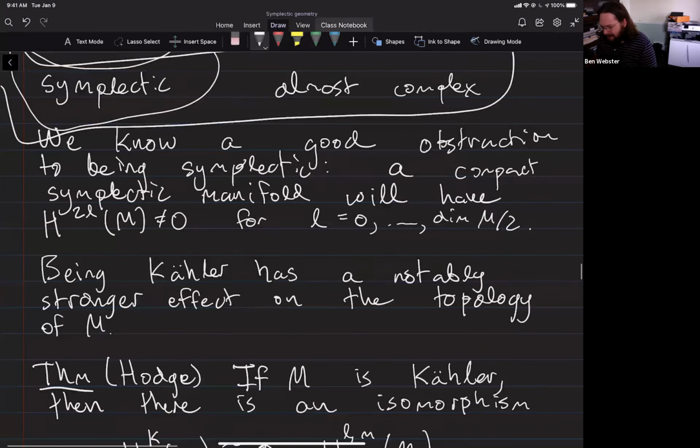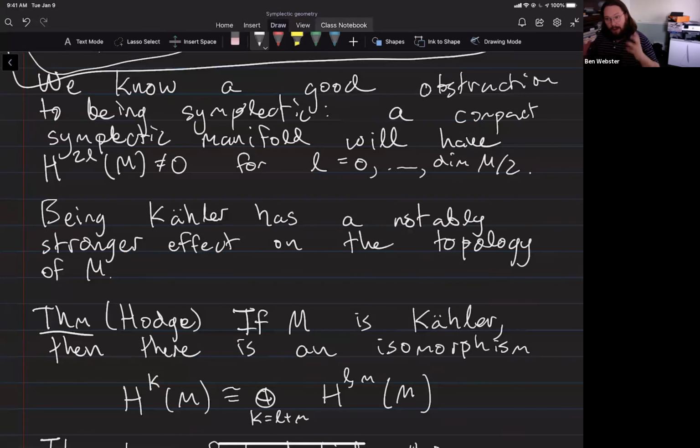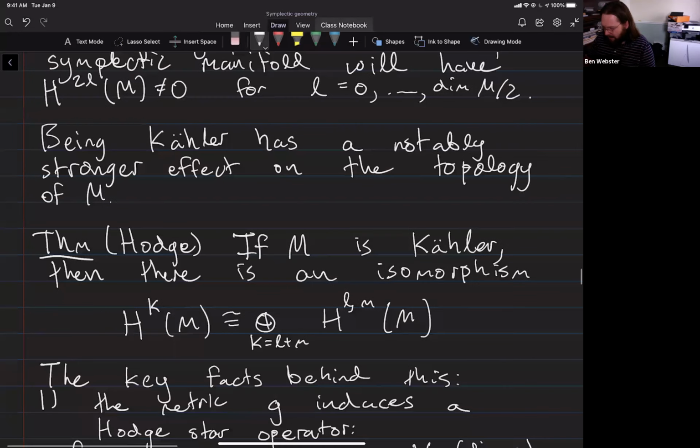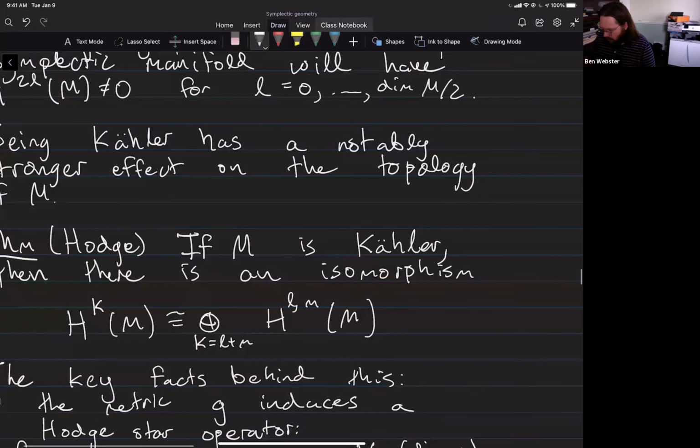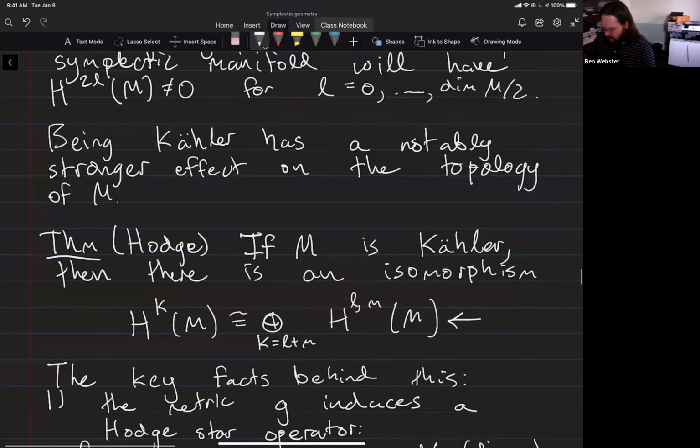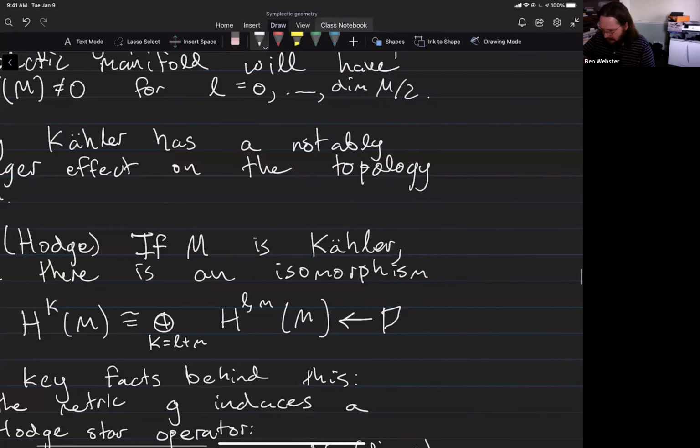The theorem that gives you really powerful control on the topology of a Kähler variety is this circle of theorems in what's called Hodge theory. One of the most basic ones being, on this side we have Dolbeault cohomology. I swear I can spell this name.